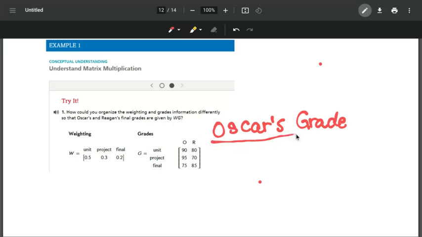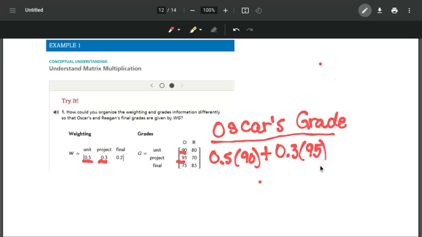So to get Oscar's grade, I would multiply 0.5 times his unit test, plus 0.3 times his project, plus 0.2 times the final.